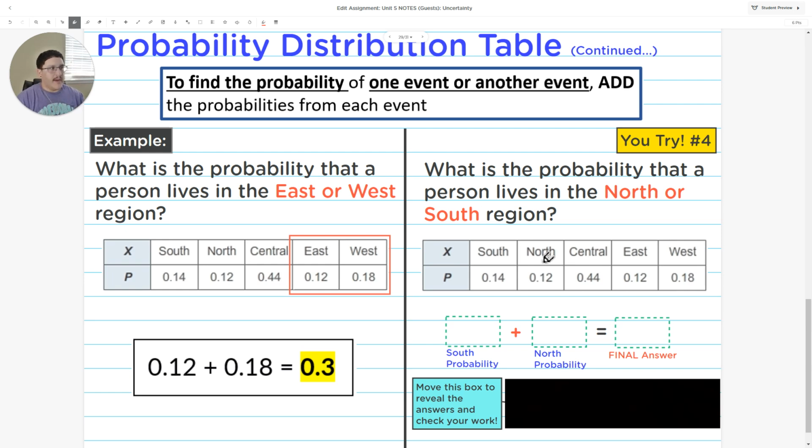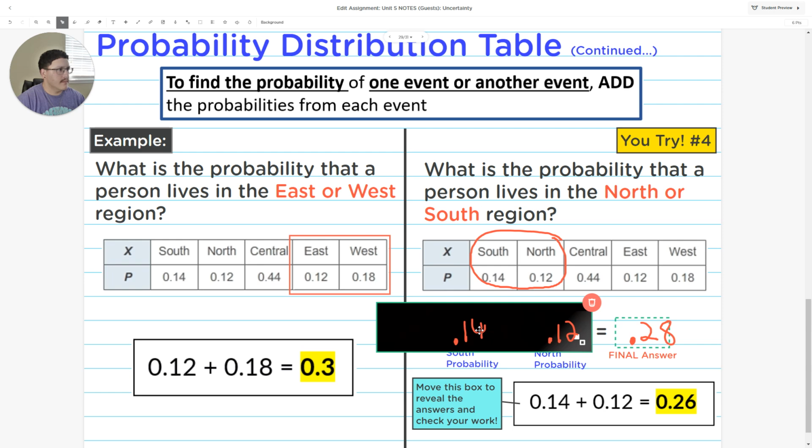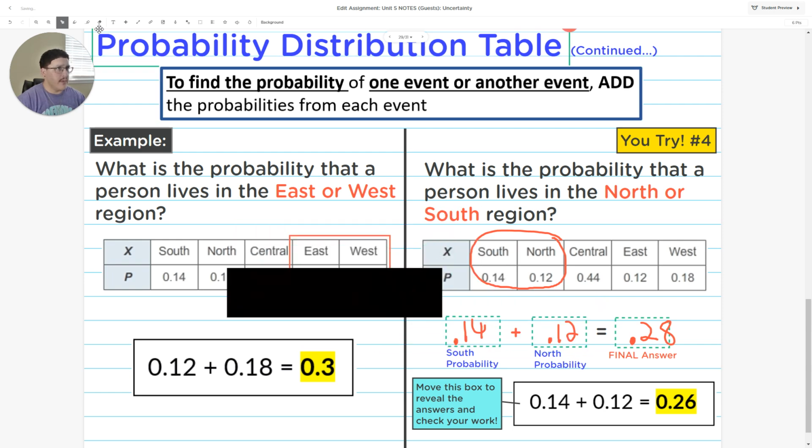So, what is the probability that a person lives in the north or south region? Add those two up. 0.14 plus 0.12, which will give us a final answer of 0.28. The probability that they live in the north or south is 0.28. Oh no, sorry, not 0.28, 0.26.